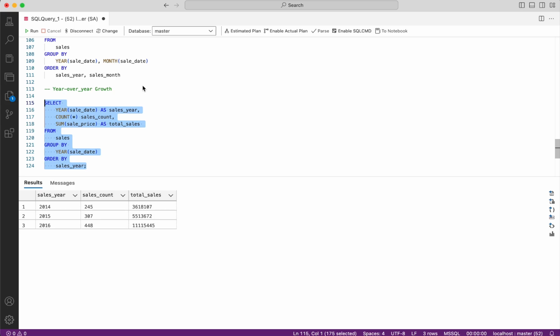In 2015, that increased to 307 sales totaling 5.5 million, showing a growth compared to 2014. And furthermore, in 2016, we had a growth up to 448 sales, totaling over 11 million, indicating a significant increase from previous sales. So these are really important insights.